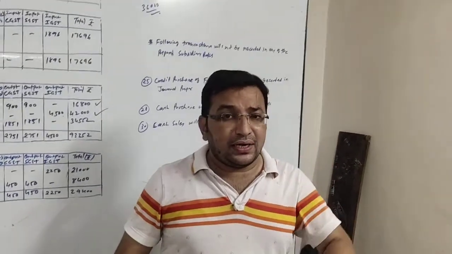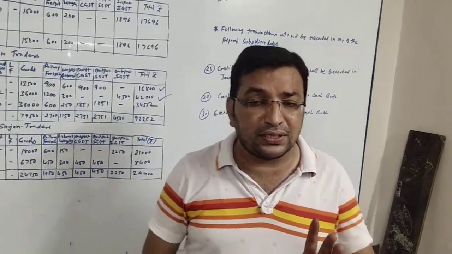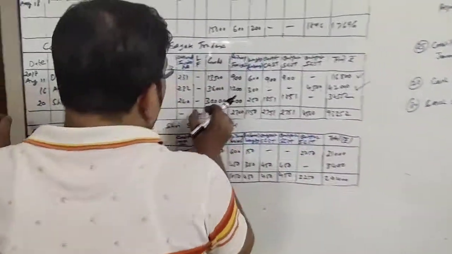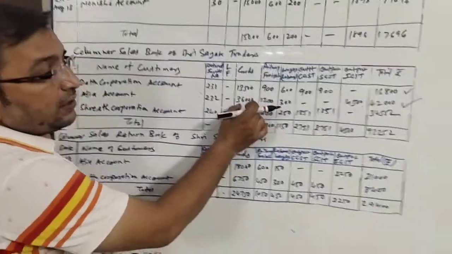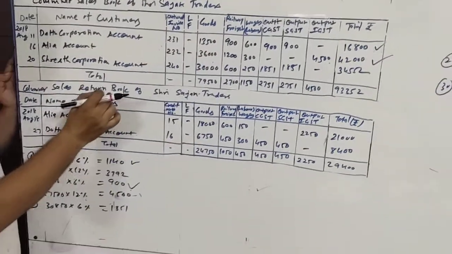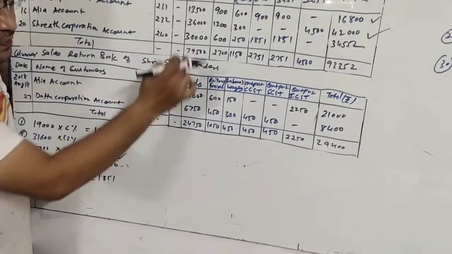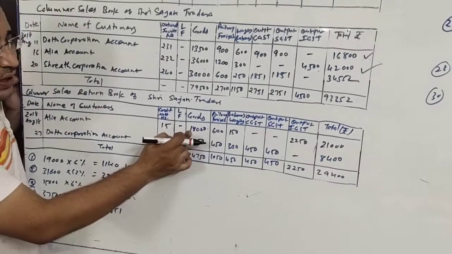In the sales return book, the transaction says that 50% of the goods Alia has returned to us. So we have sold goods of rupees 36,000 to Alia. Half of that she is returning to us. So here in the sales return book, Alia account and 18,000, half of 36,000. What else?